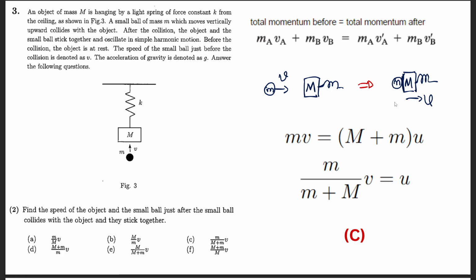The velocity after the collision is u. So we can write mv is equal to the sum of the mass, that is big M plus small m, times u. And to write it in terms of u, we can write u is equal to m over m plus big M times v, and the answer is C.